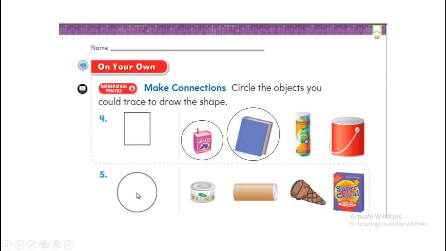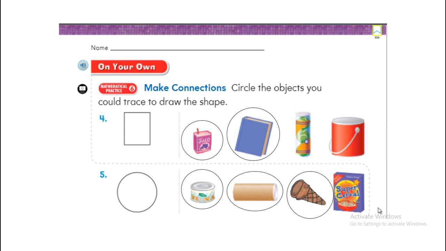Now, if I wanted to get a circle, which of these shapes can I use? The tuna can, because it looks like a cylinder. This here, it looks also like a cylinder. I can use it to draw a circle. I can also use the ice cream cone, because this side of the ice cream cone is a circle. Can I use the cereal box?